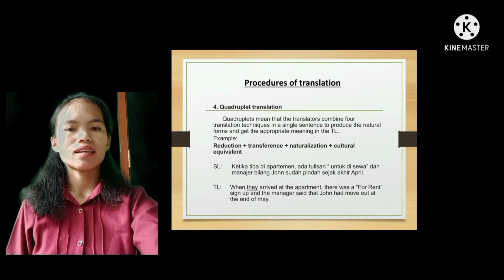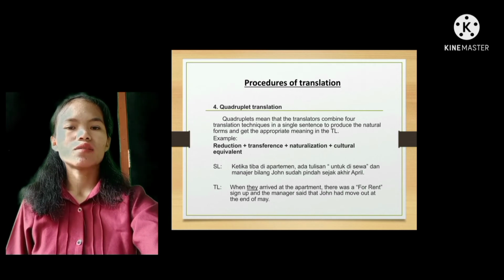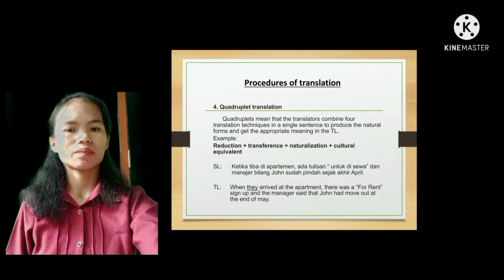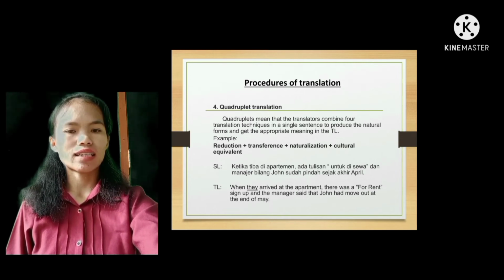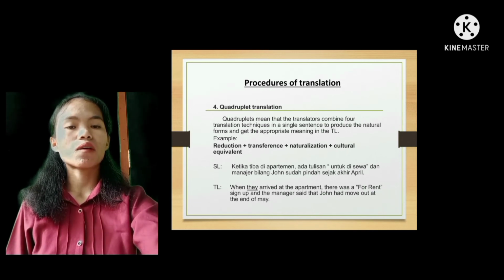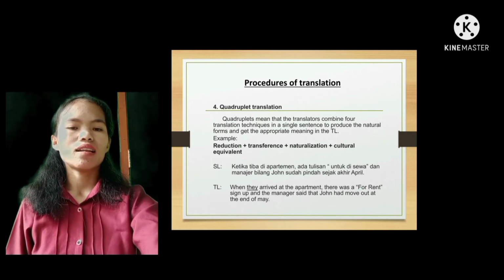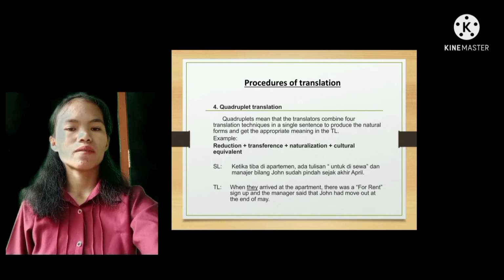For example, the source language is "ketika tiba di apartemen ada tulisan untuk disewa dan manajer bilang John sudah pindah sejak akhir April." Translated into target language, when they arrived at the apartment, there was a for rent sign up, and the manager said that John had moved out at the end of April.